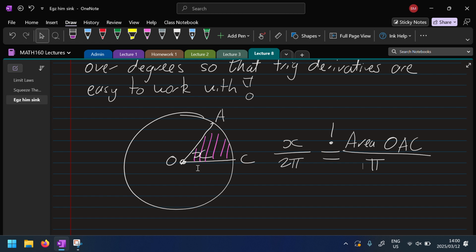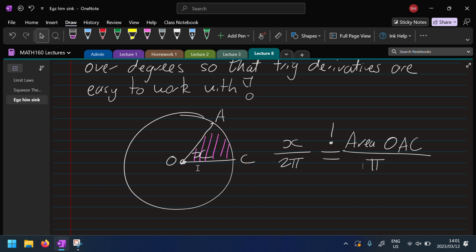Let's look at the other part. This ratio of the angle must be the same as the ratio of the areas. Do you see that? It's the same piece, right? x being the angle piece, or x being the pizza slice piece, it's the same piece. So the ratios must be the same. So what is this area going to be? OAC, that's what we want. So that's this top one. What's the full area of the pizza?